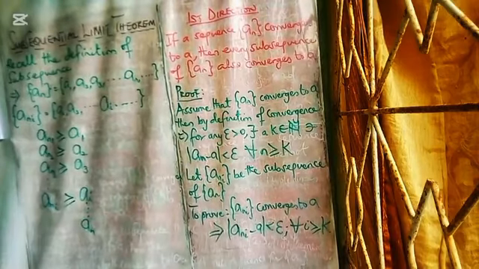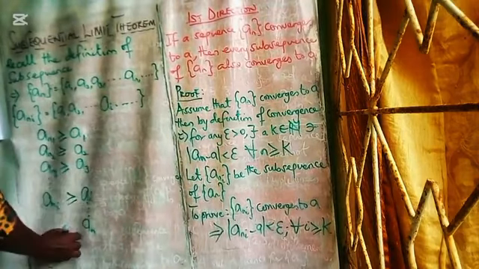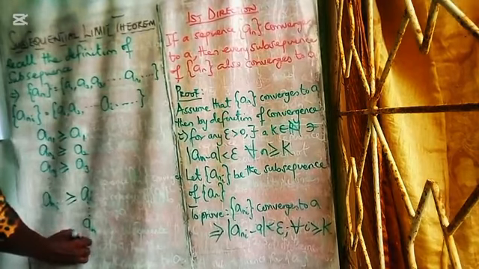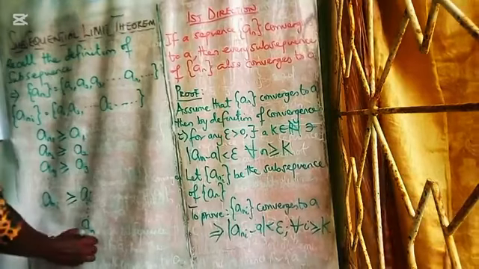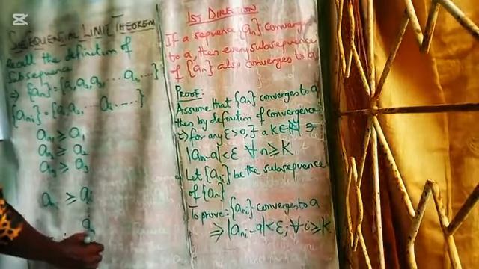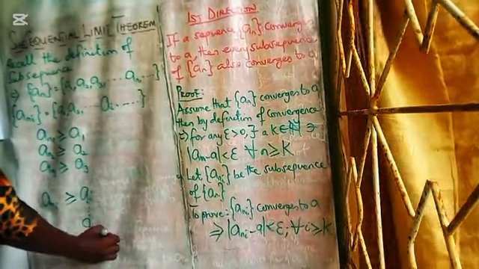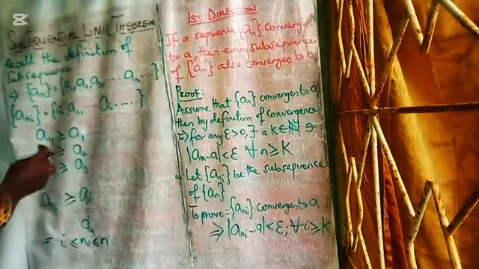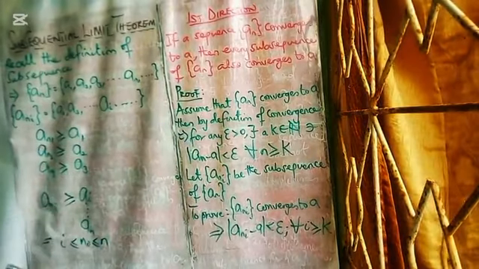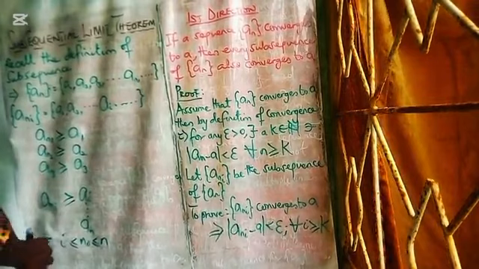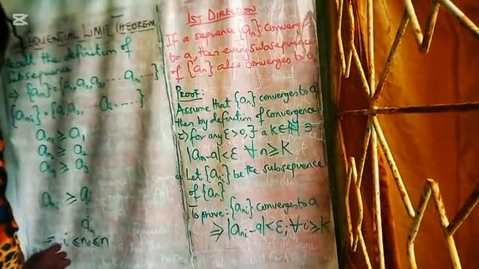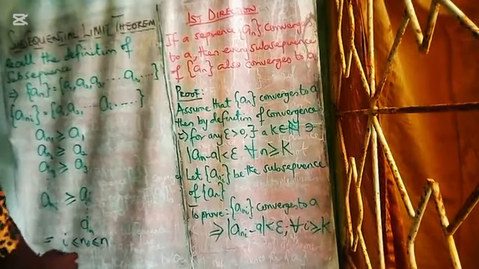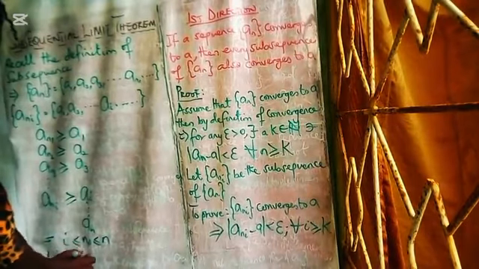To A sub n. That implies that what? i is less than or equal to ni, and that is less than or equal to n. Let i be greater than or equal to k.